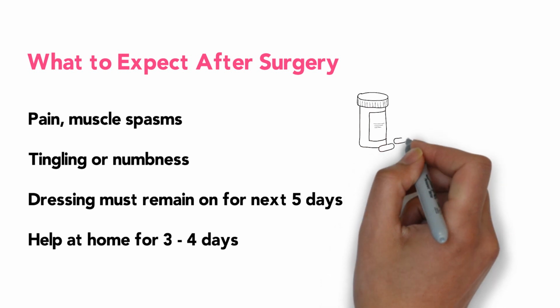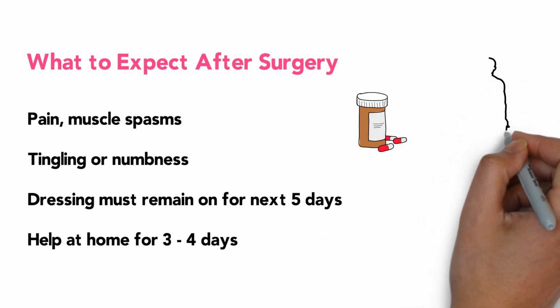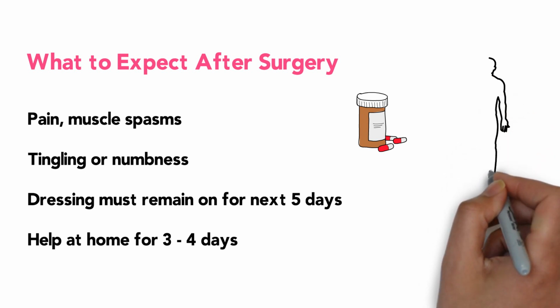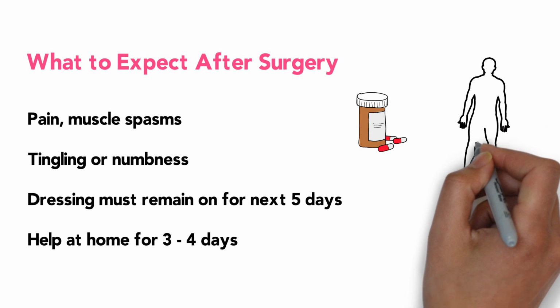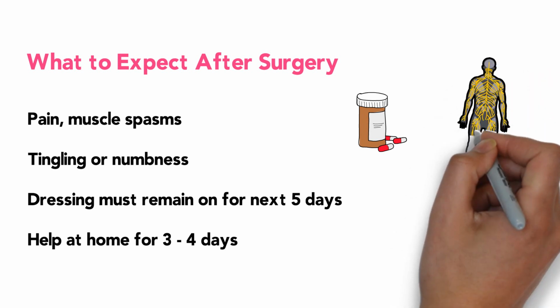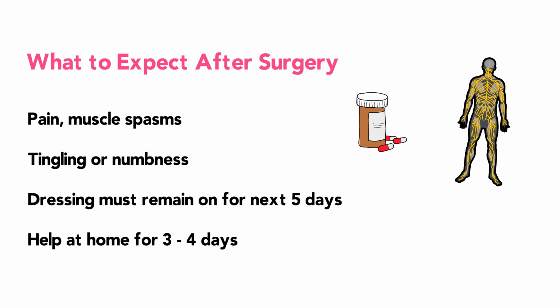For the next several weeks, you may have muscle pain or spasms. You may have long-term tingling or numbness that may not resolve. This has to do with the incision being made in the skin and the superficial nerve trying to grow back. It typically lasts 3 months.